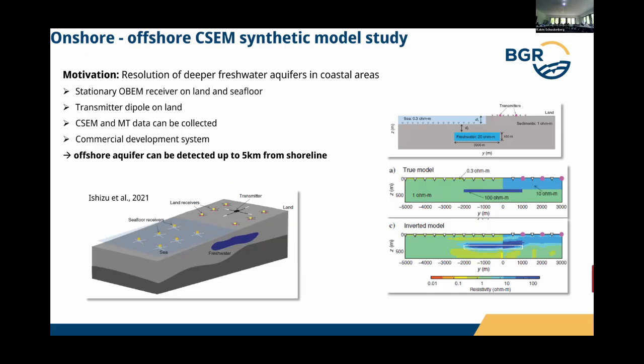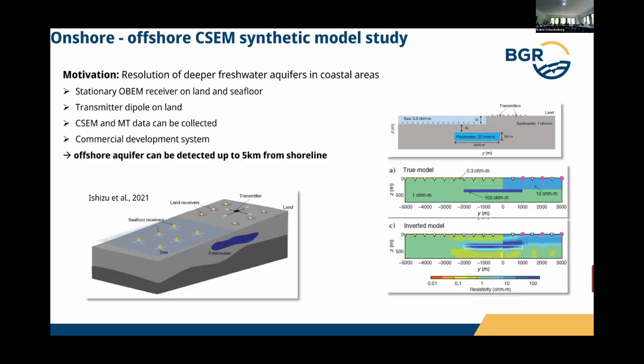So this is just a concept study to look particularly at that part. What he looked at is an onshore-offshore setup, placing stationary ocean bottom electromagnetic receivers, which are not connected by rope, obviously, stationary on the seafloor, and measure electric fields in two directions, sometimes even three, and also the magnetic field.